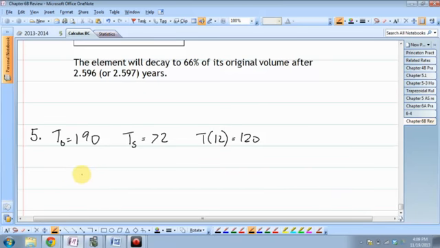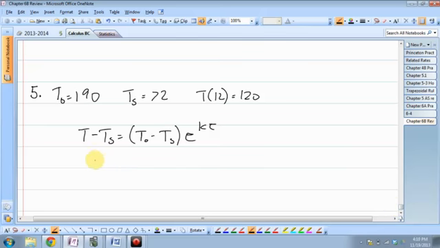Okay. T minus TS equals T naught minus TS times e to the kt. So T minus 72 equals 190 minus 72 times e to the kt.